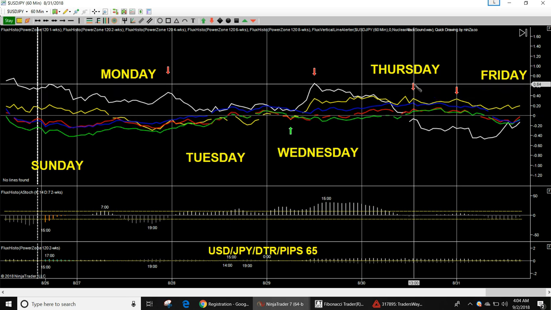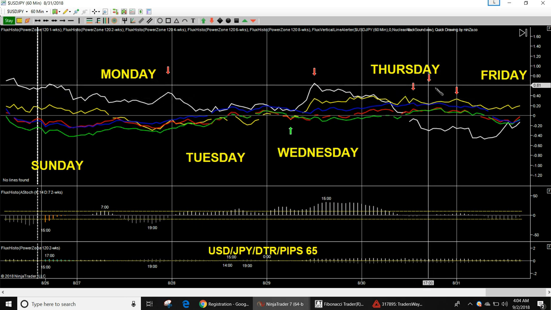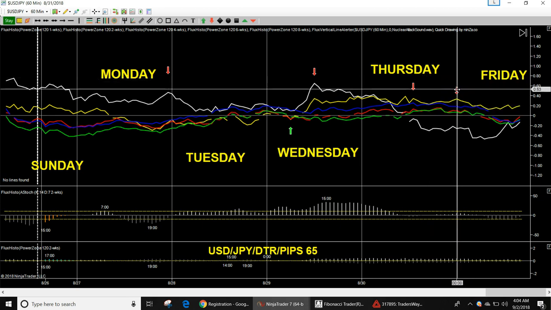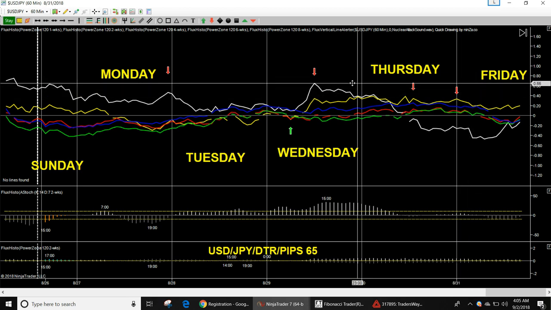Sideways action. And then Thursday, 1300, look for down move on the US dollar JPY, and then another down move here at 12 a.m. on Friday. Look for down move on the US dollar JPY.